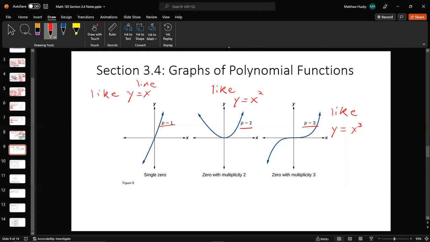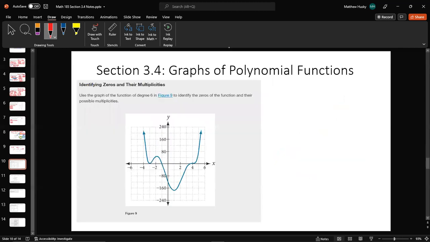Is it more of an S curve? Is it more of a U curve? It behaves like either a line, a parabola, or a cubic graph, where it's like an S curve. All right, so use the graph of a function of degree 6.